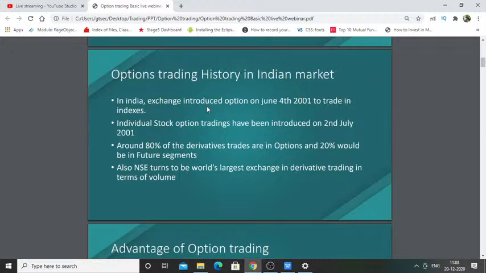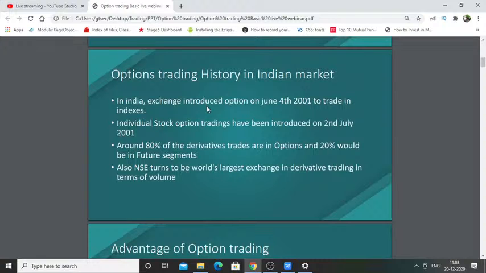Right now, if you look at the average volumes in the trading segments, about 80 percent of derivative trades happen only in options, and the balance 20 percent in futures.